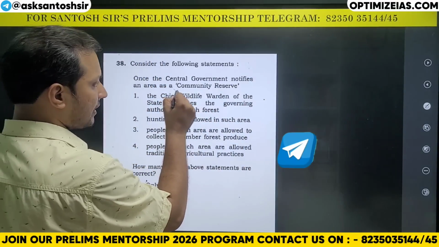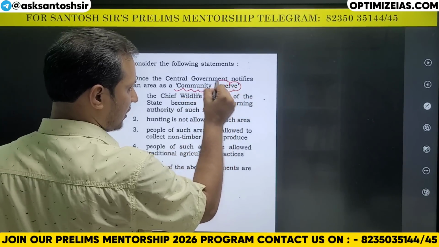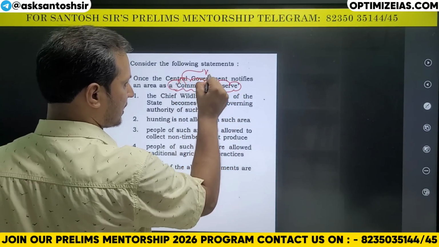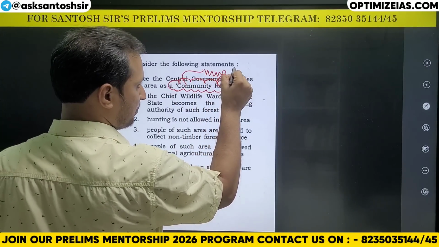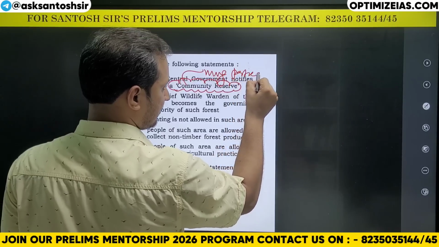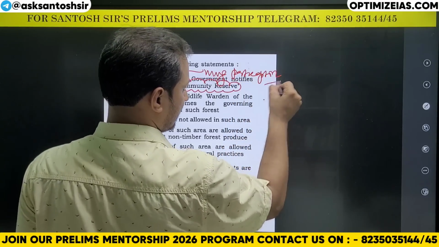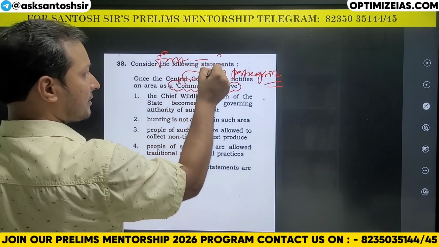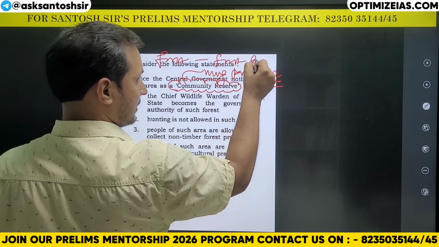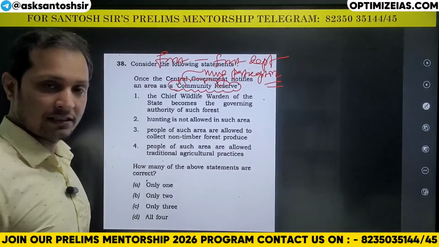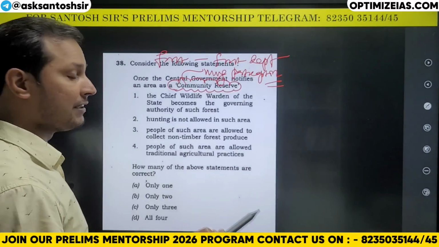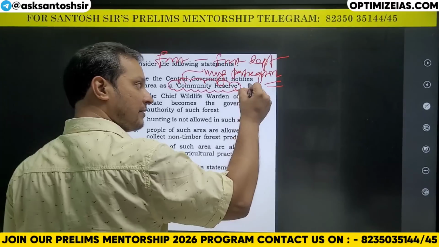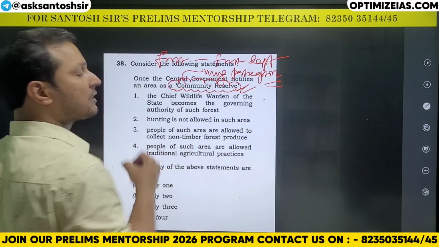Community reserve, you can see here community. The word here is community, means it is managed by community. Community participation. Generally the forest is managed by forest department under our forest law, but there is a provision of community reserve also where it is managed by community.